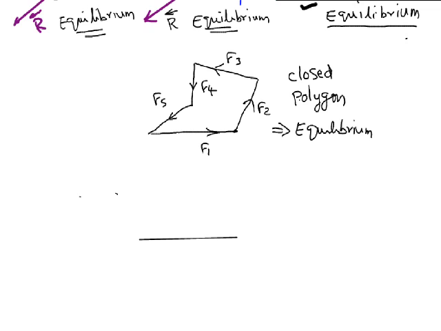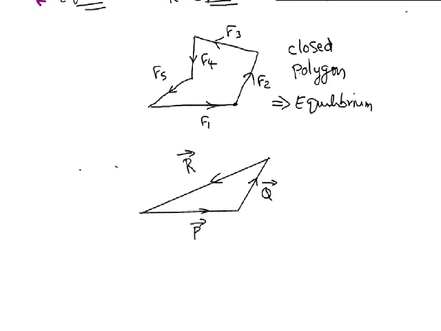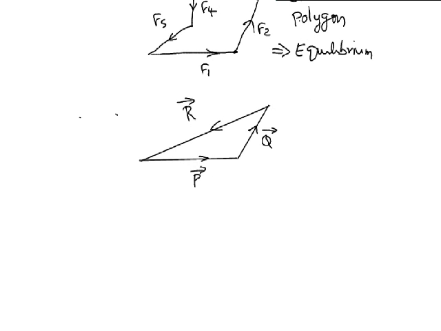Let us say this is force P, and from the head of P we draw another force Q, and from the head of Q we draw the next force R. If these P, Q, R are coplanar forces and they are meeting at a point, and when we draw the force diagram they form a closed triangle, they are in equilibrium.